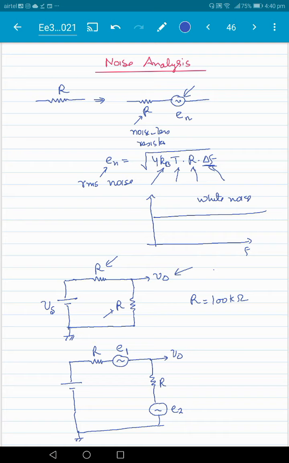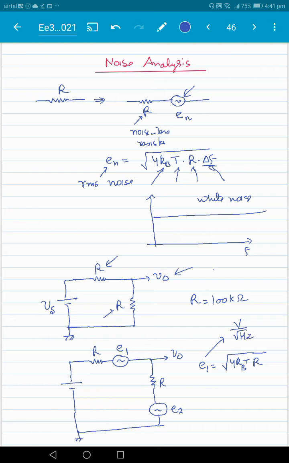Note that E1 will be equal to the square root of 4 kB T R. Many times the range over which we measure the noise is not written out explicitly, and so we write noise in units of volts per square root hertz.